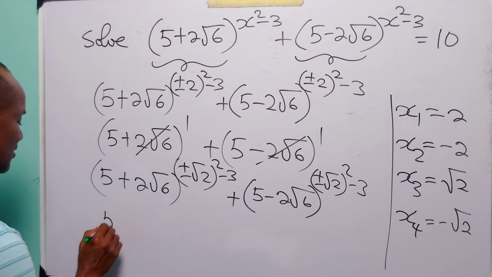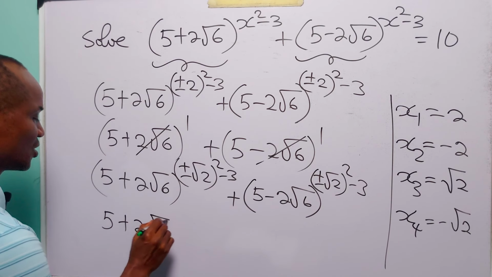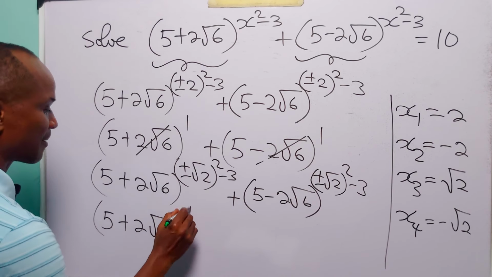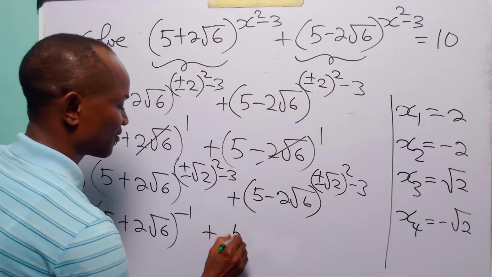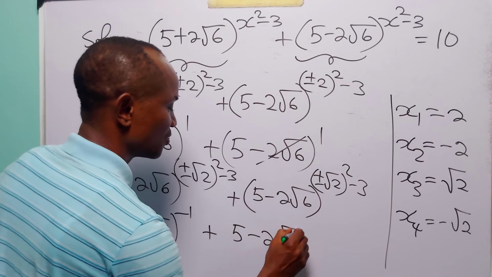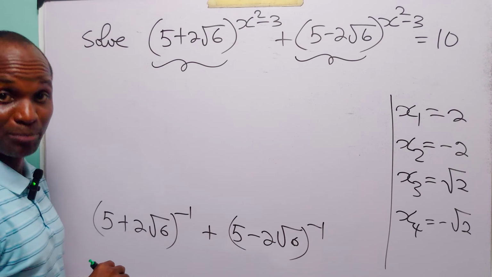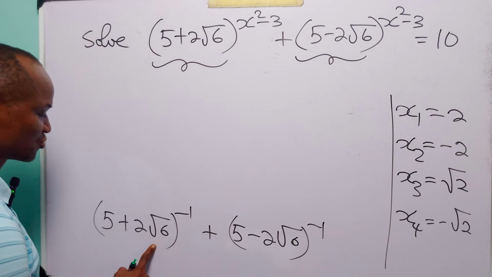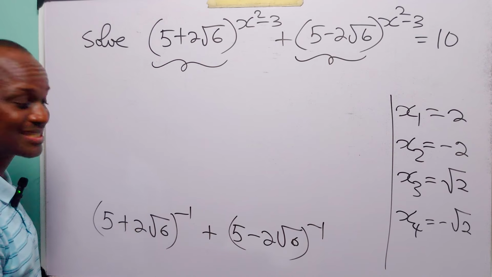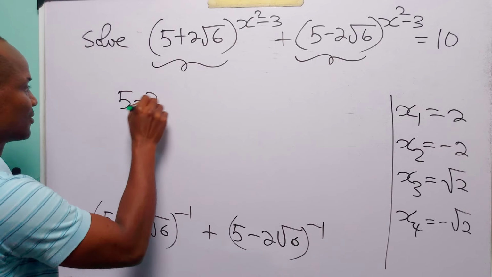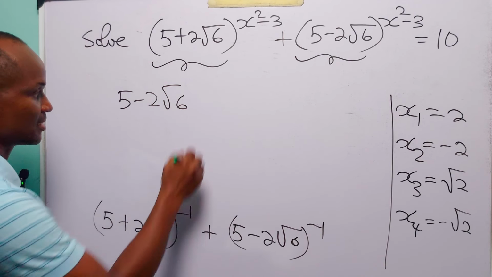So this is (5 plus 2 root 6) to the power minus 1 plus (5 minus 2 root 6) to the power minus 1. But of course, you know that (5 plus 2 root 6) to the power minus 1 is equal to 5 minus 2 root 6.